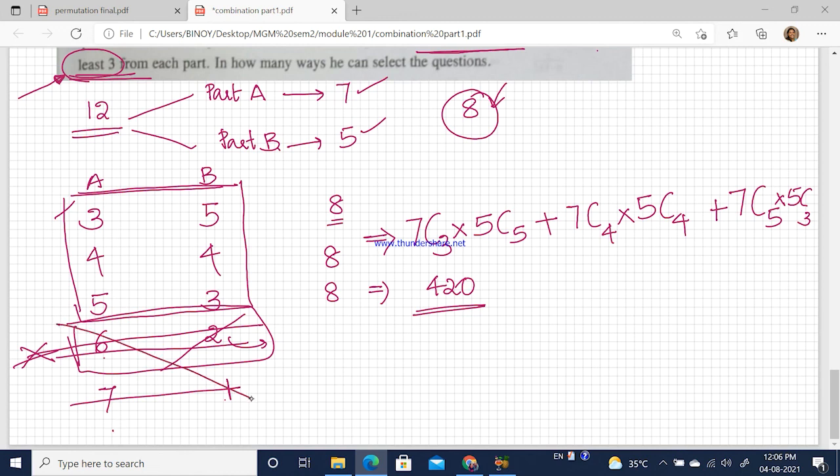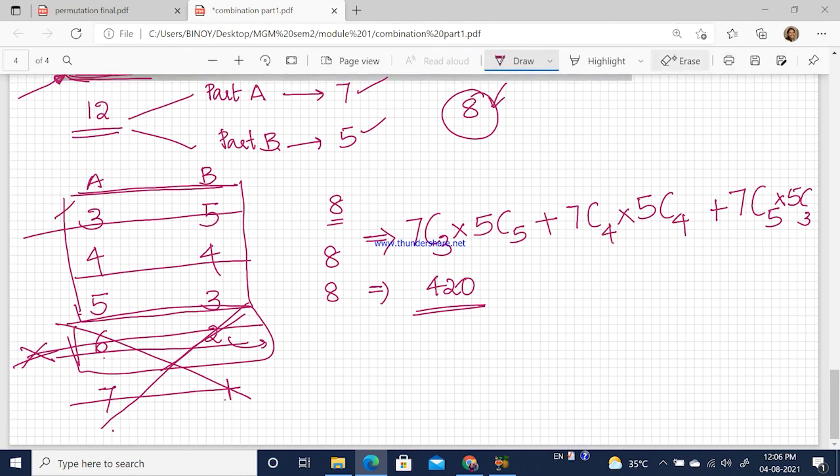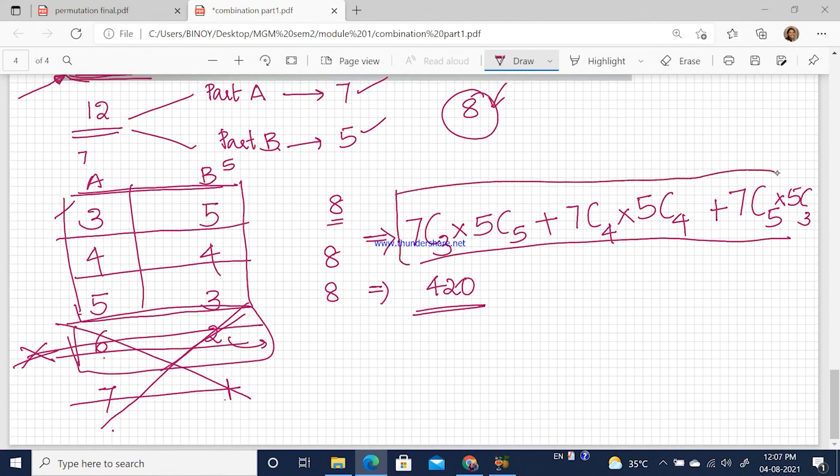These possibilities cannot be taken into consideration. So we take only the 3 possibilities. Out of 7 questions from part A and 5 questions from part B, we make the combinations, which gives an answer of 420 ways.